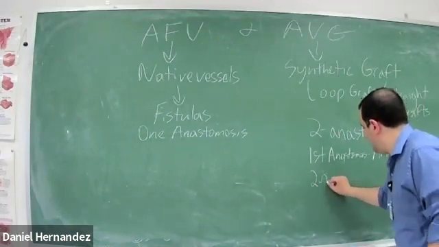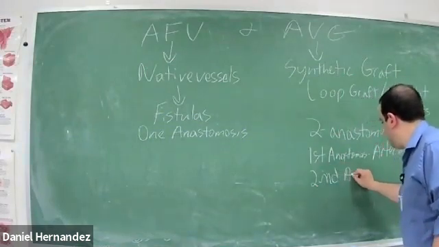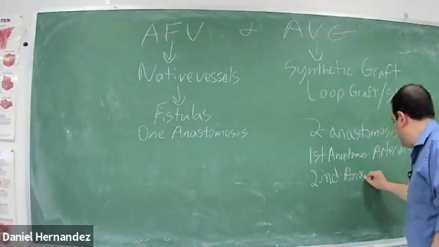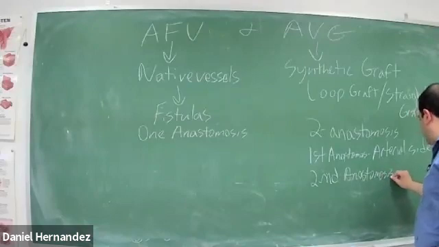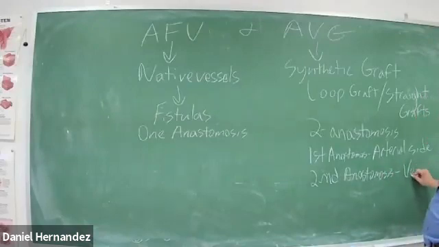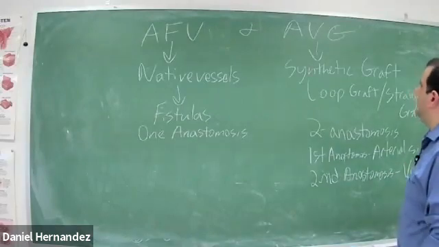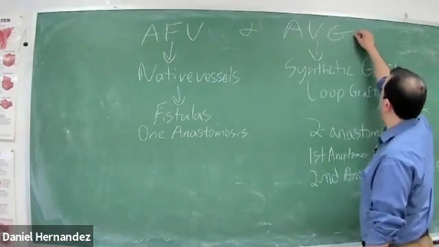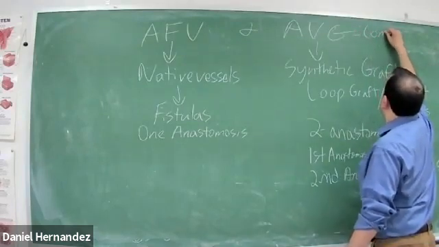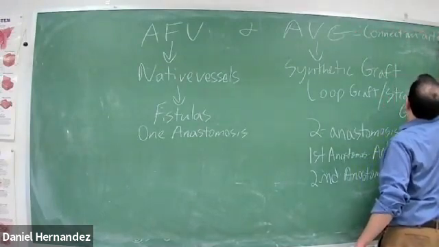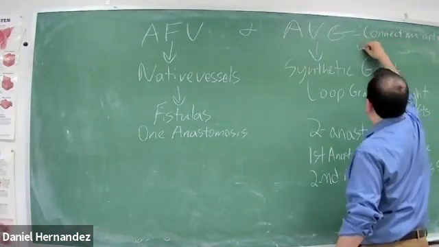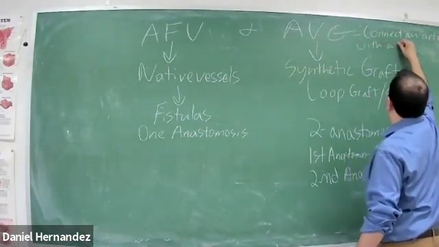And the second anastomosis is going to be at the venous side. So AVGs connect artery with vein.